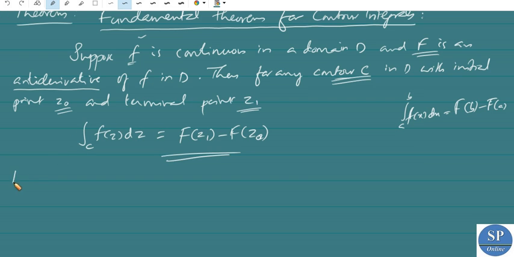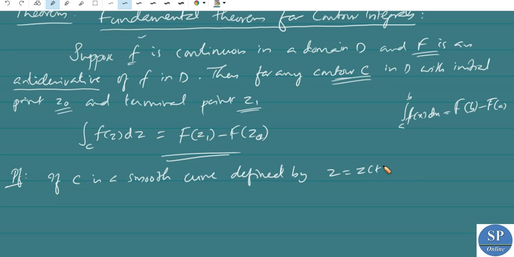Okay, if C is a smooth curve defined by z is equal to z of t for a less than or equal to t less than or equal to b.